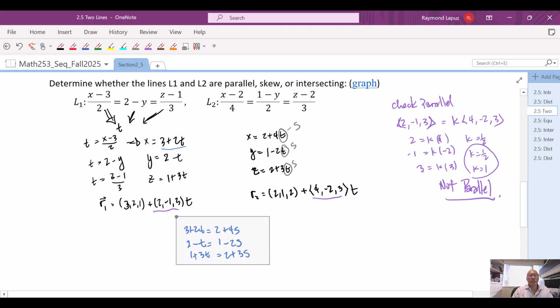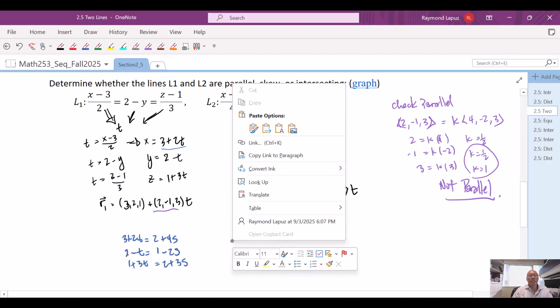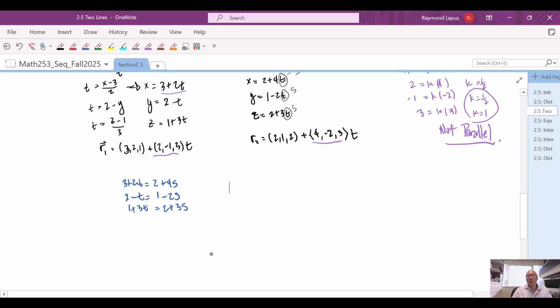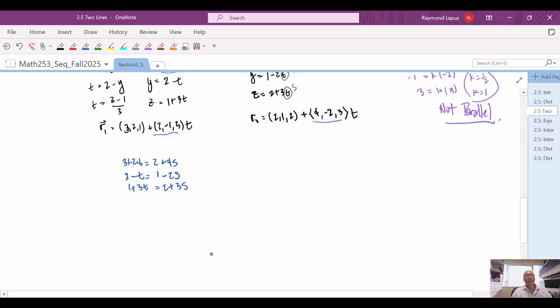Okay, so these are the three equations that we're going to work with. And again, many different ways to do this. I'll do this similar to the first way I did it. First let's write it into a nice set of 3 equations and 2 unknowns. Let's write the t's and the s's on one side. So let's have 2t minus 4s, and this is equal to 2, and then subtract the 3.